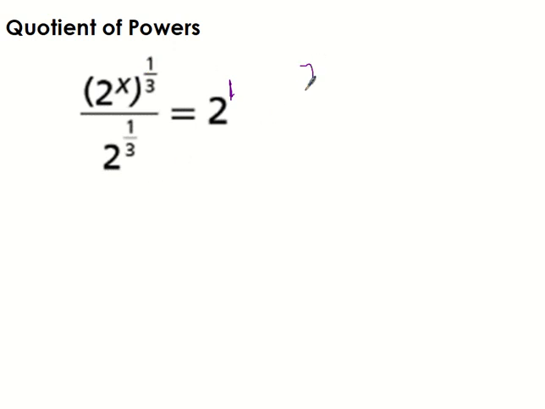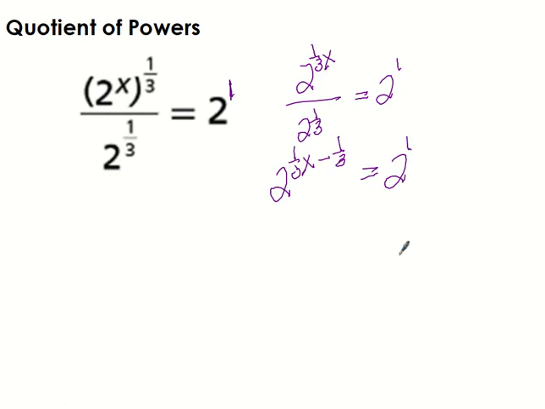So it'll become 2 to the 1/3 x divided by 2 to the 1/3 equals 2 to the first power. Quotient of powers say I subtract. So this is going to become 2 to the 1/3 x minus 1/3, and then that will be equal to 2 to the first power. Now we have common bases.